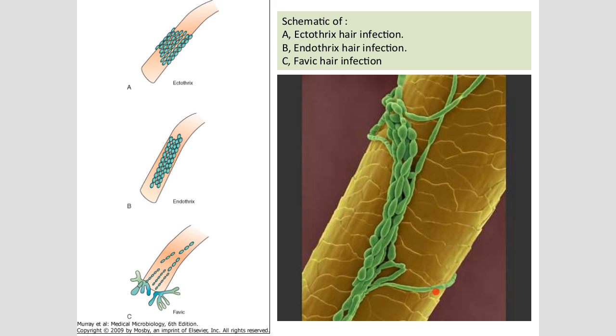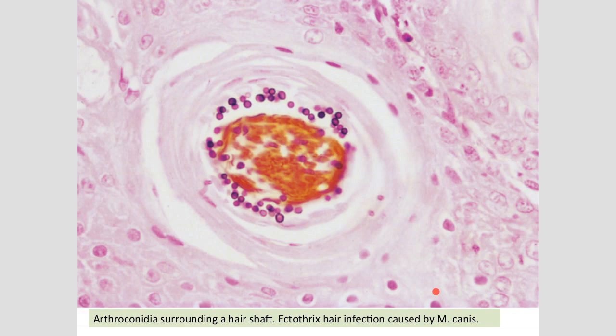And this is actually the culprit. This is the fungi there. It clings to the hair differently; over here it's externally surrounding, it's penetrative. Over here it goes to the base, kills the root of the hair and causes problems. If you cut that hair section, as we normally do, you will see arthroconidia over here.